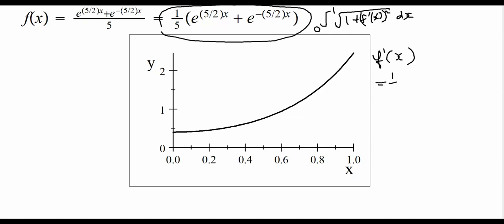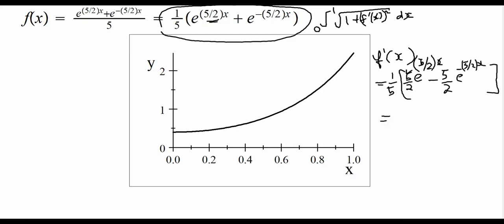So when I calculate the derivative, what do I get? By chain rule, this will step down as a factor here, and the derivative of e to the u is e to the u. And since here we have a negative sign, we will get a negative 5 over 2 e to the negative 5 over 2 x.